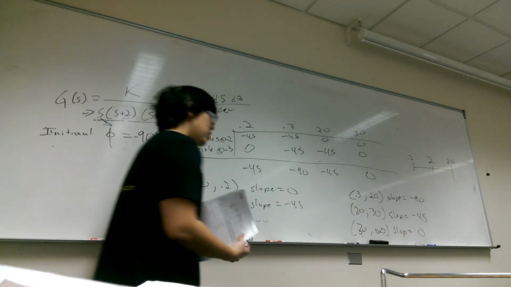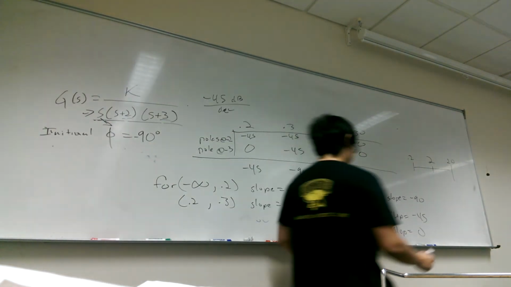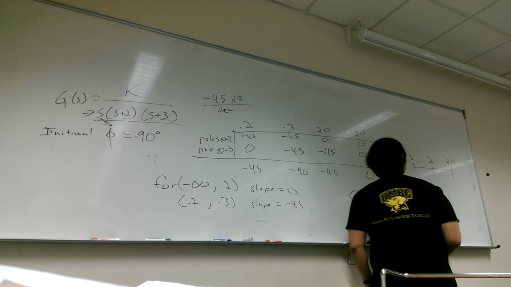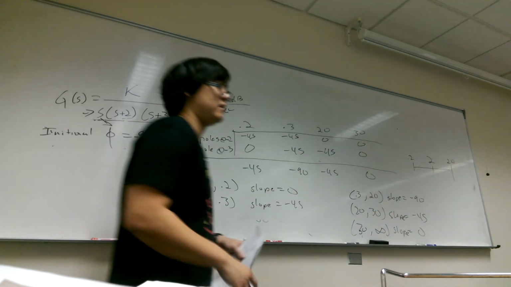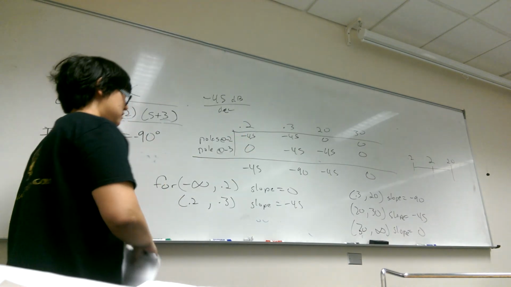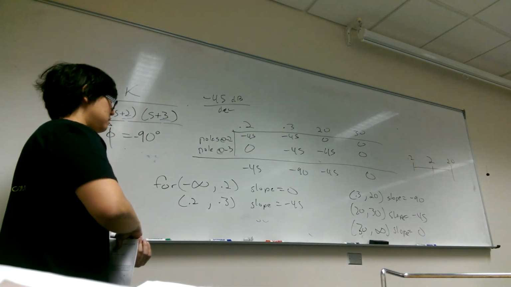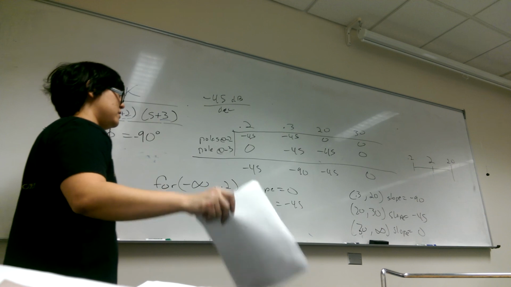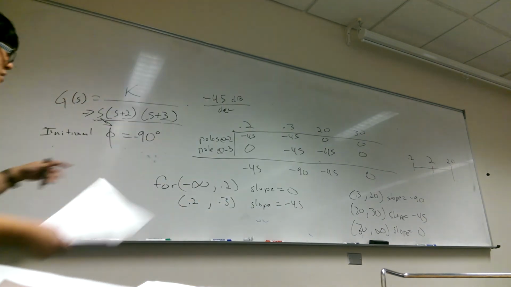So eventually all Bode plots kind of plateau at the ends, as long as you have enough graph paper to show that. Any questions on the slopes?